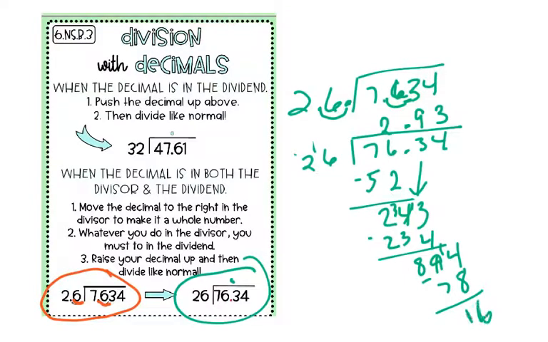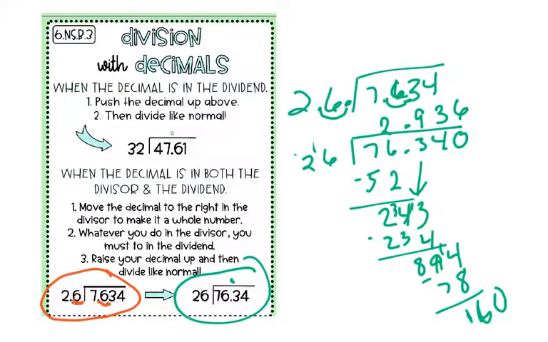I get 16. Uh-oh, but I have a remainder. What am I going to do? In that situation, you put a 0 on the end of your dividend and you bring it down. Okay? And then you say, how many times will 26 go into 160? The answer is 6.